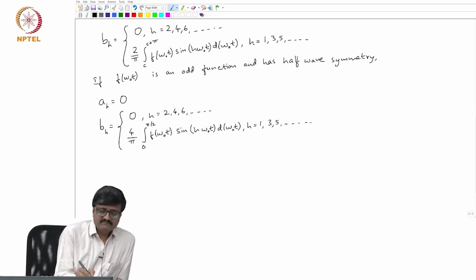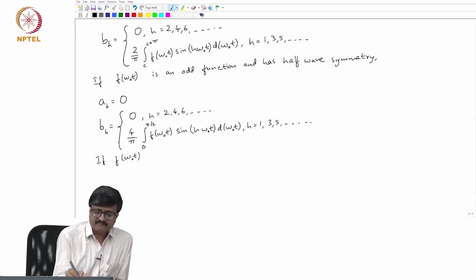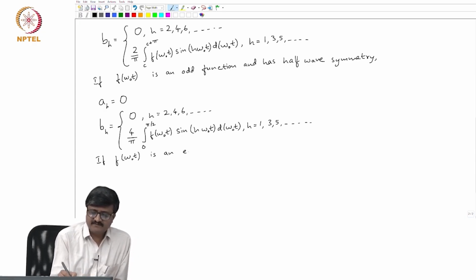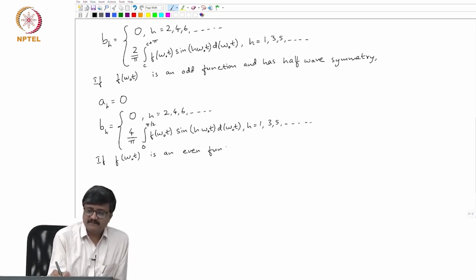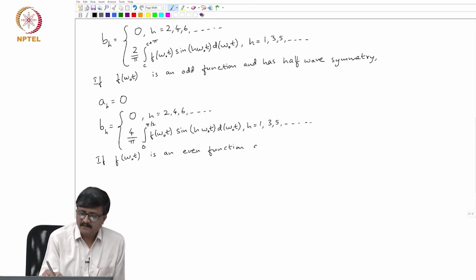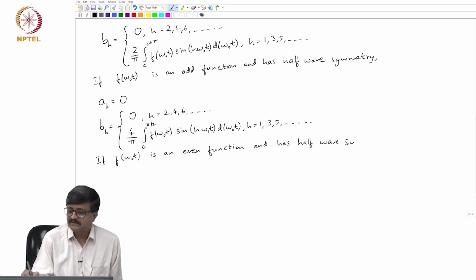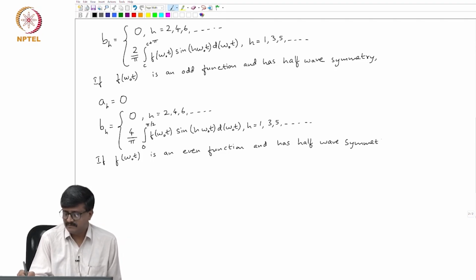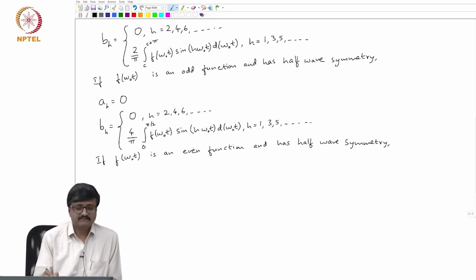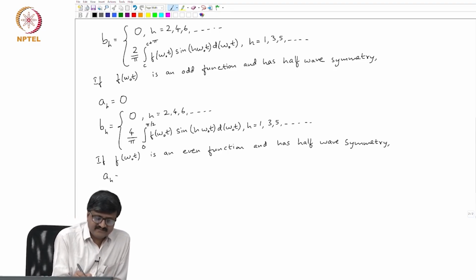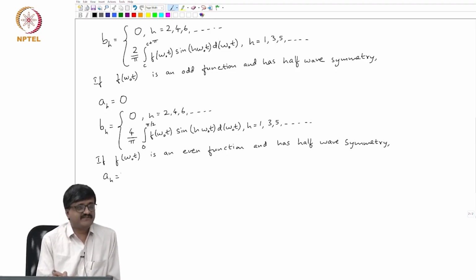Okay. Now, let me take one more combination. If f of omega o t is an even function and has half wave symmetry, now in this case, since it is even, b h is 0, and when it comes to a h, again a h is also 0 for even values of h.